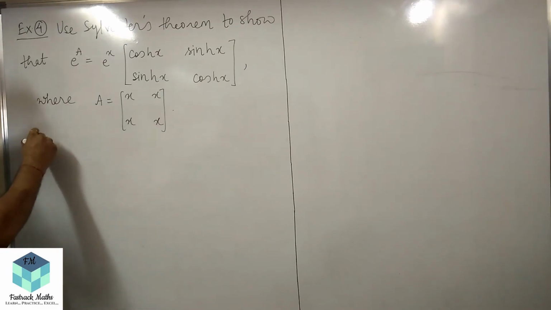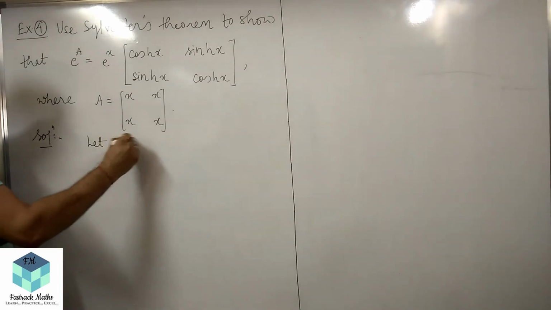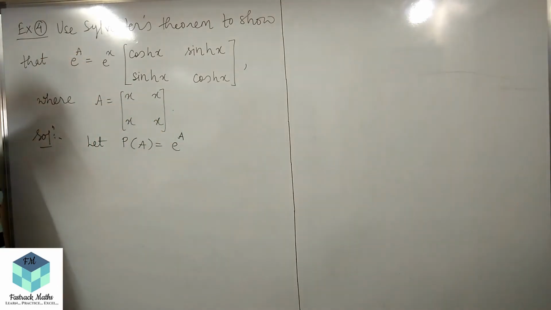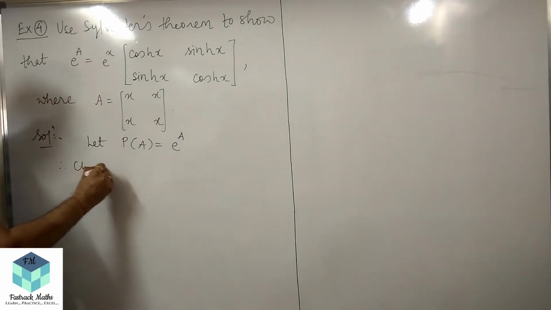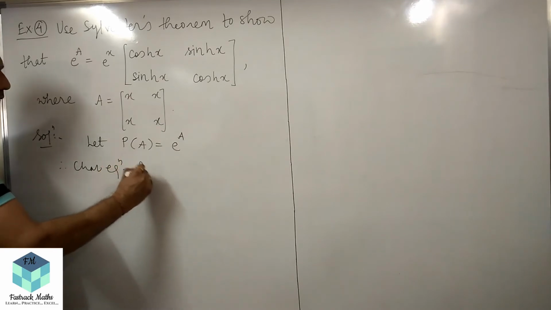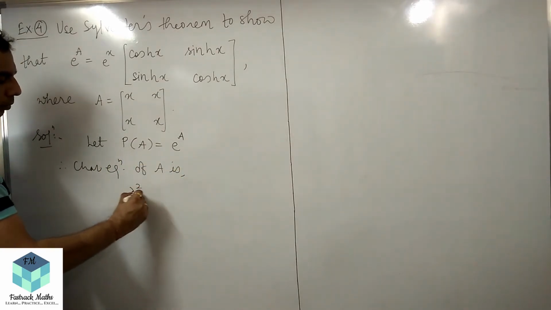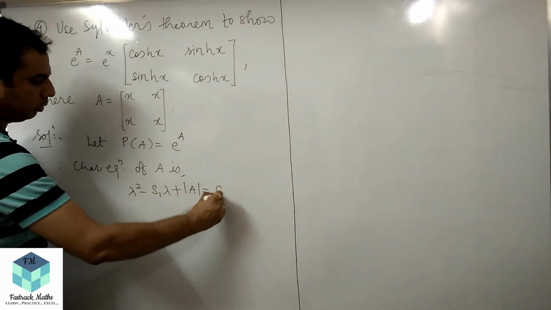So again we have to start with: let P of A be equal to the required polynomial e to the power A. The characteristic equation of A is given by lambda square minus s1 lambda plus determinant of A is equal to 0.